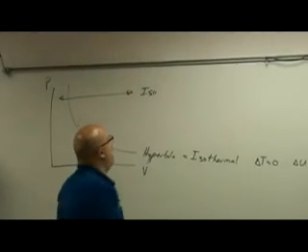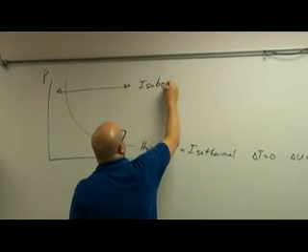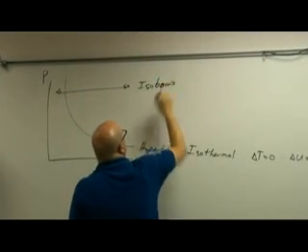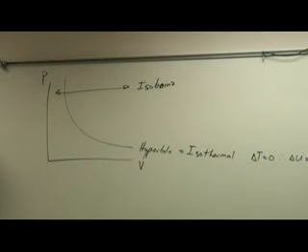All right, there's another one, one that goes back and forth like this. Iso pressure. Isobaric. Baric. Did I spell that right? B-A-R. Oh, one R, sorry.